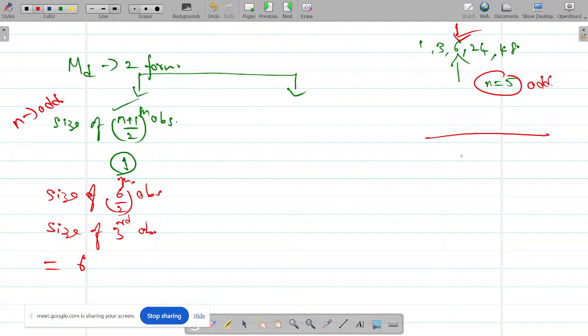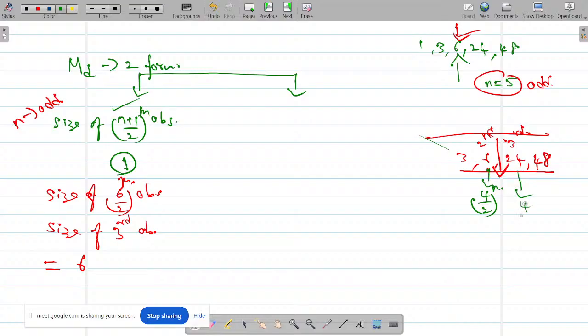But in our current problem, we have 3, 6, 24 and 48. If I note this as a position, this is my middle position, lying in between the second and third observation. Totally, how many observations are here? 4 observations. So 4 by 2th observation, which is 4 by 2 is 2, the second observation.